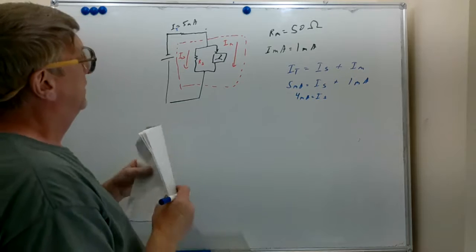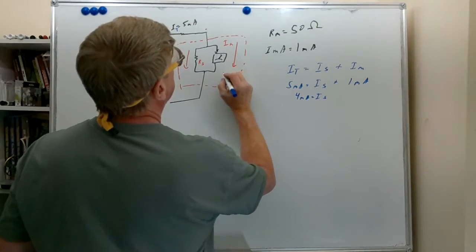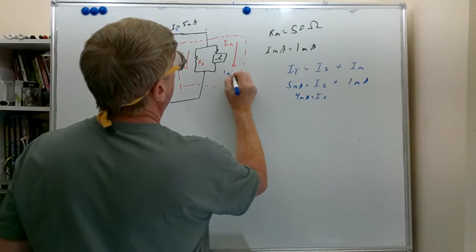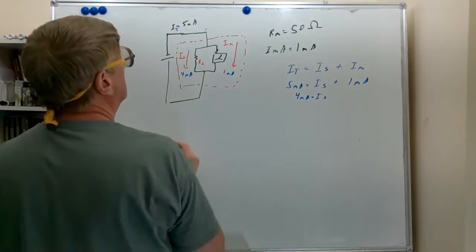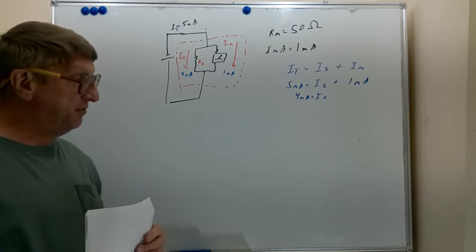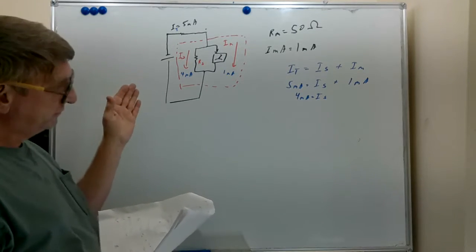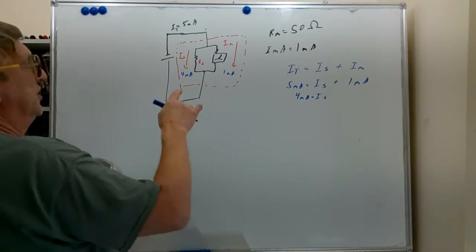So let's write that here. Let's write 1 milliamp here through the meter. And let's write 4 milliamps here through IS, through the shunt resistor. Well, we have the current.